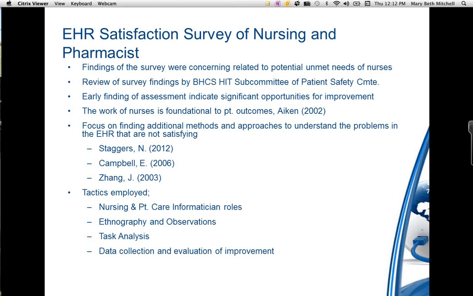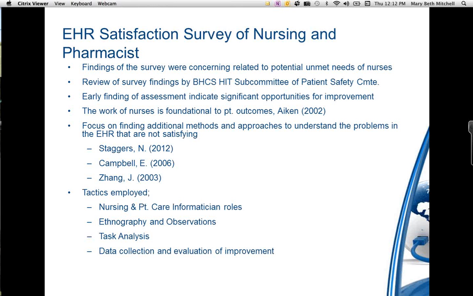And that's been a very helpful way for us to come together with our IT partners, our patient safety leaders, our quality leaders, as well as our informatics leaders, to really figure out some of the next steps that we need to take as an organization, whether that's in a specific part of our EHR.